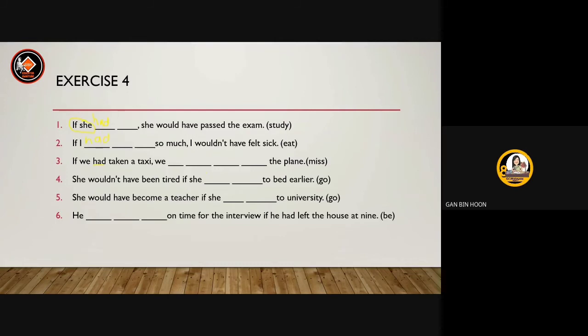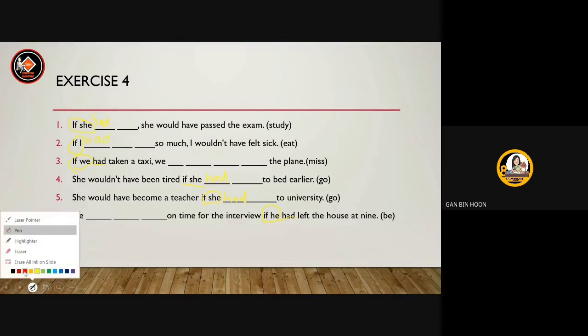See the if, it must have had. This one, had or not? Yes, it already has had. So in front with if, you have to put had. So it's correct, if must use had. So please write the rest.